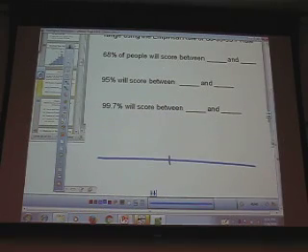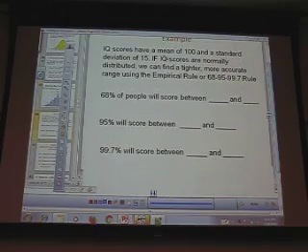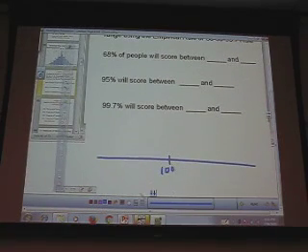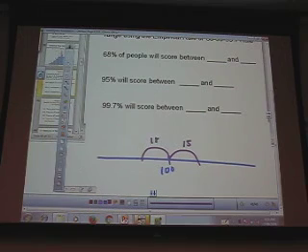All right, what's my mean, guys? Mean is 100, standard deviation is 15. So we're going to start with 100, and we're going to jump 15, that gets us to 85, 115. So 68% will score between 85 and 115.